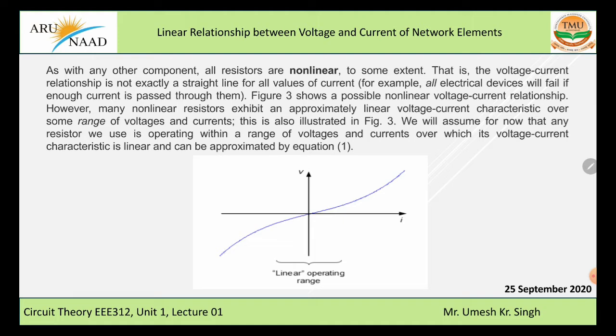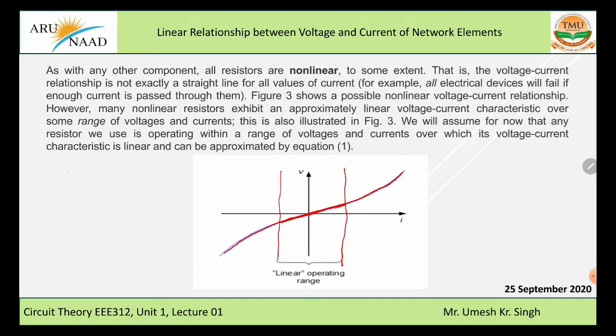When we consider resistance, one point needs to be mentioned: a resistor is practically a non-linear element, and it is linear only for a given duration of current or for a small range of current.